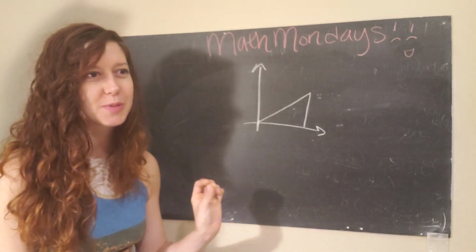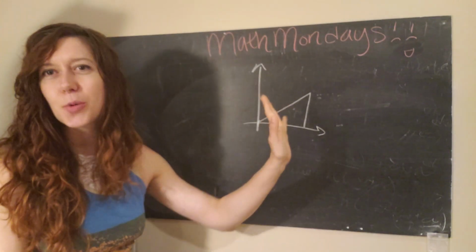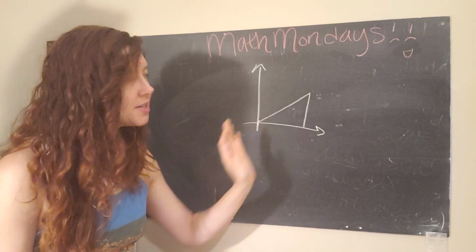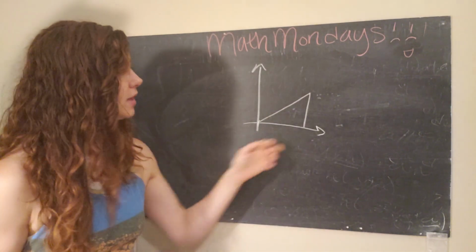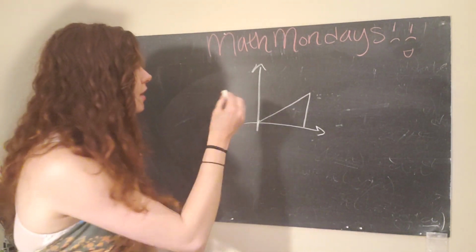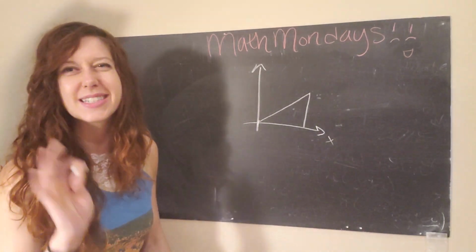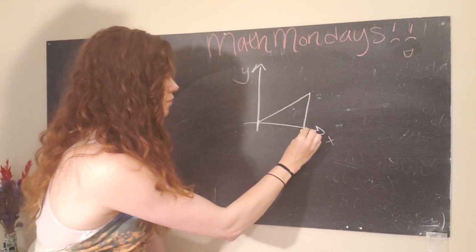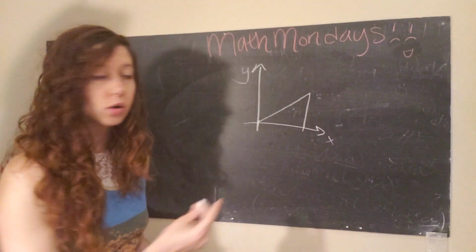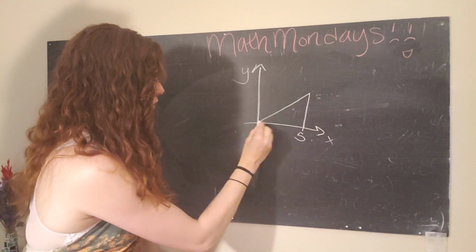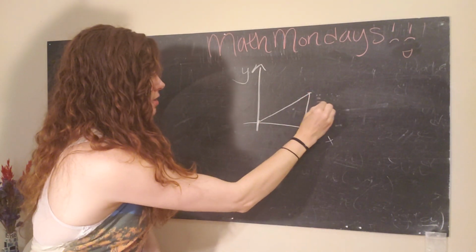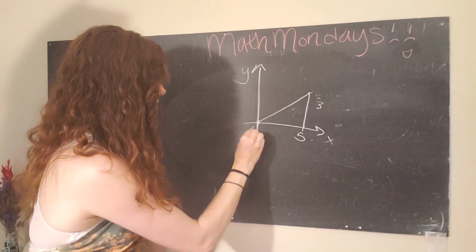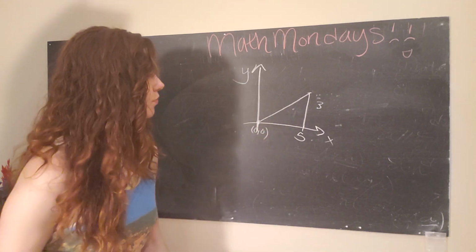I love variables because it means you can apply the equation to any circumstance that is appropriate. But since this is a new example, let's put some numbers to this. First of all, I'm going to label my axes because that's appropriate in mathematics. And then I'm going to say I have a triangle with length 5 and height 3. Okay. And it sits at 0, 0.